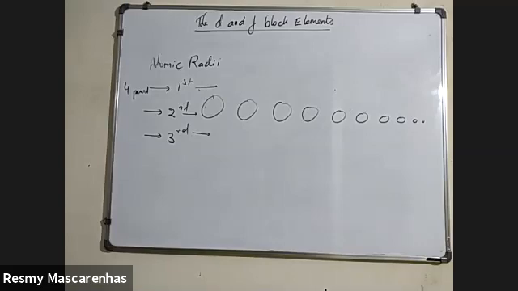This is due to poor shielding of 4f orbital. It is also called lanthanide contraction.